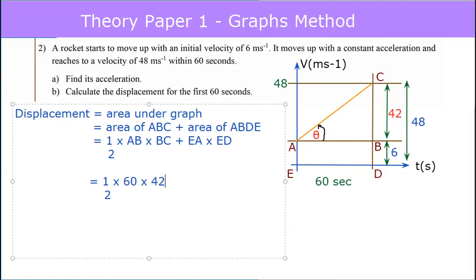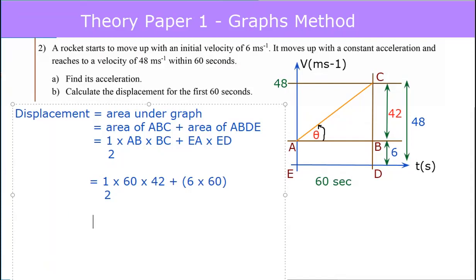BC is 42 plus EA is 6. ED is 60. So let me check. We can divide this 60 by 2, so it will be 30. It will be 30 into 42. You have to multiply 30 by 42 plus 6 times 6, 36, 360, right?